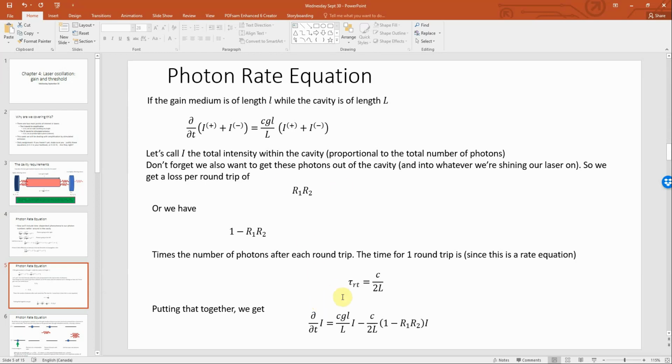We'll skip some of this derivation, but the rate of change of the number of photons, or the rate of change of the intensity within the cavity, is going to be proportional to the amount of photons we're getting out of the cavity, so that's related to the gain, and then also related to the loss. So it takes c over 2L for one round trip.